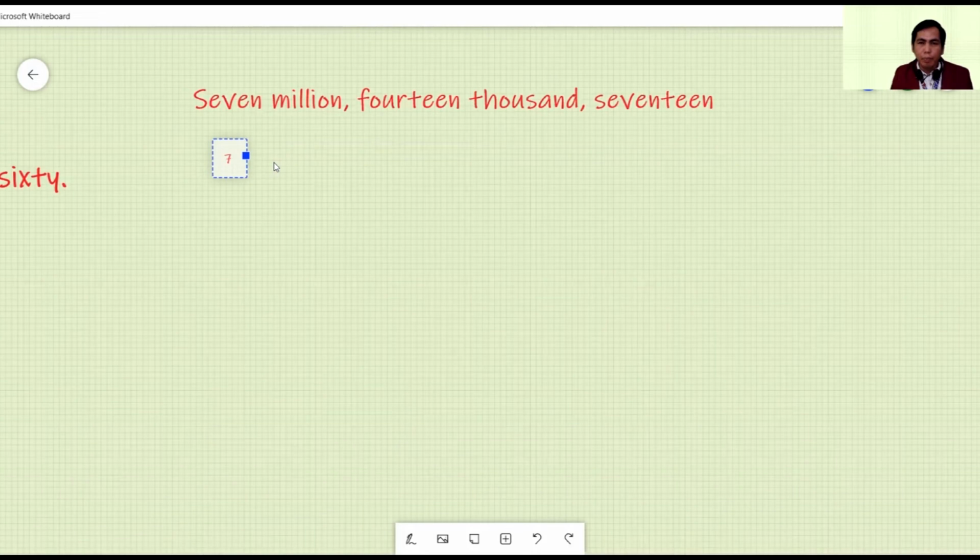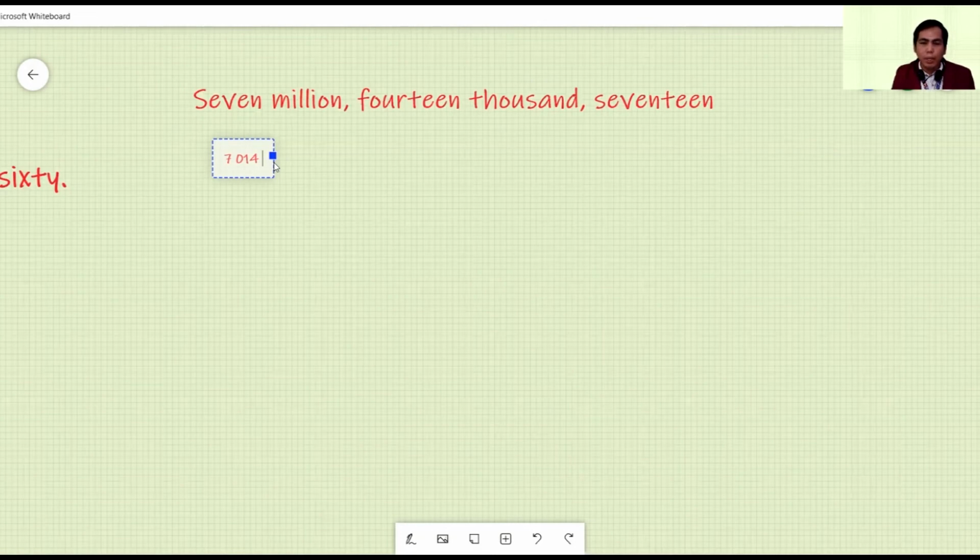Remember that for each period, there must be 3 columns. So if you notice, it's 14, there are only 2 digits, 1 and 4. Therefore, we have to place 0. So 0, 1, 4. So 14,000. And then space 17.